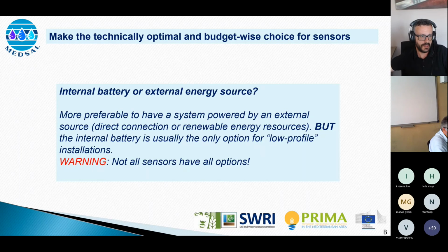And you have to pay attention to the fact that not all the sensors have all the options. For most cases you can have both options, but this is not the case for all the available systems out in the market.